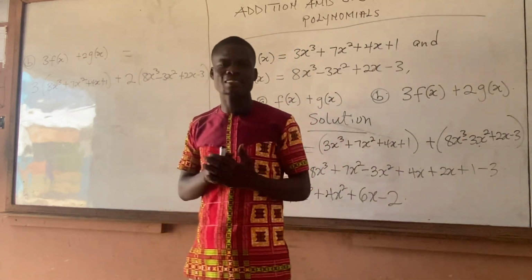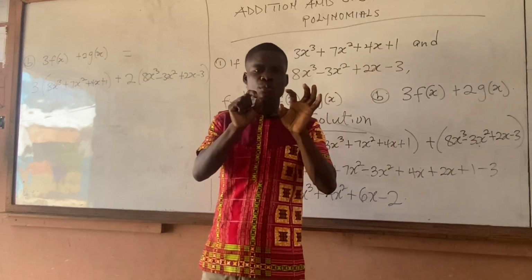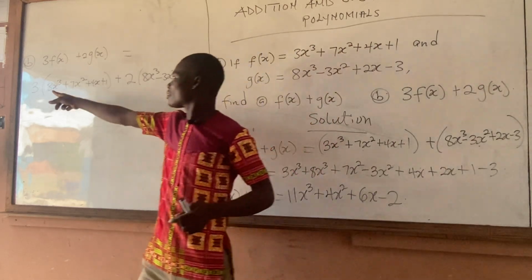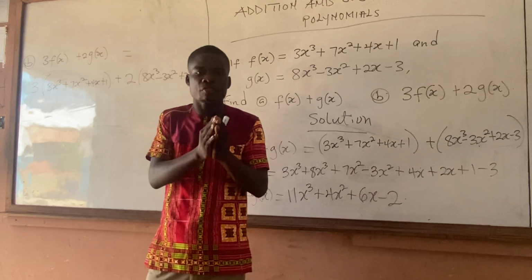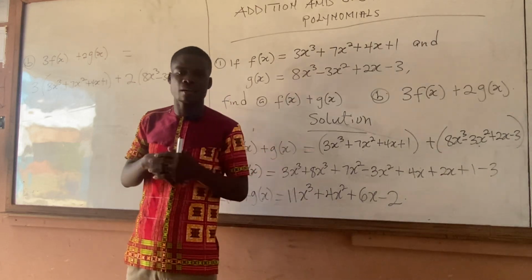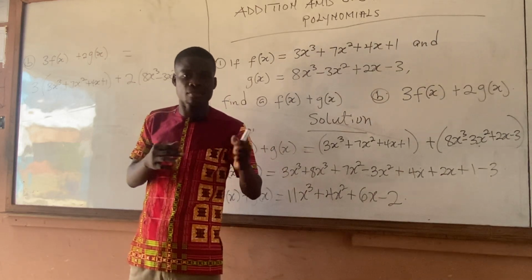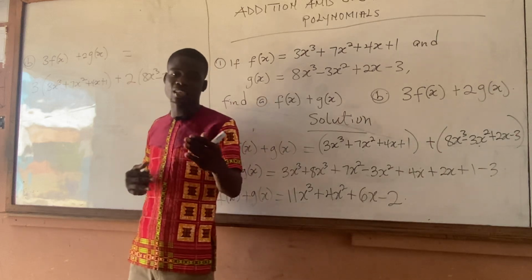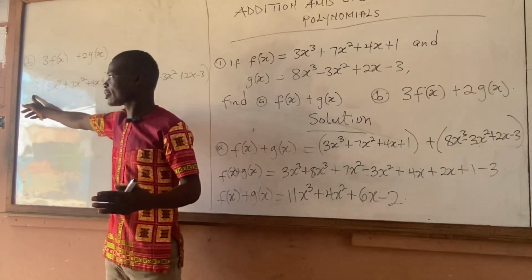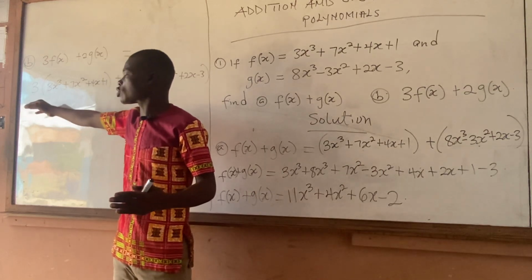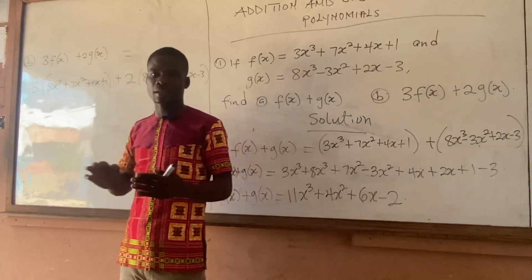Now, let's take our time and use the term outside the bracket to expand each of the terms inside the bracket, to multiply each of the terms inside the bracket. So use the 3, the constant term here, to multiply each of the terms in the bracket.